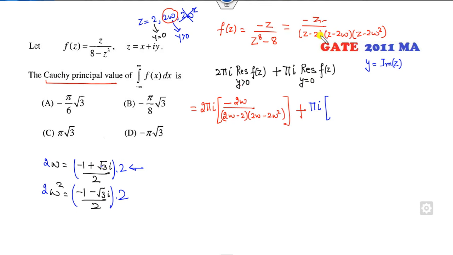So when z is equal to 2, I can substitute everywhere apart from this factor: 2 times (2 minus 2 omega) and (2 minus 2 omega square).